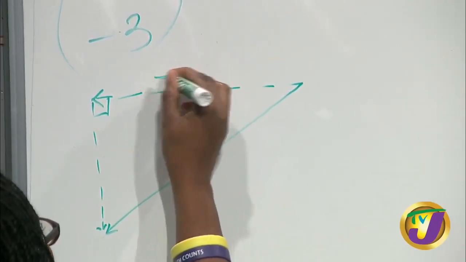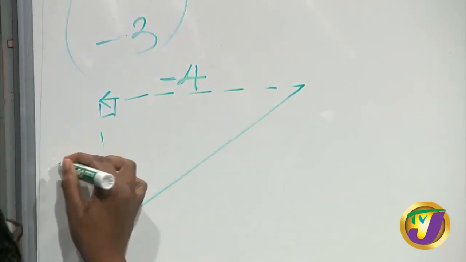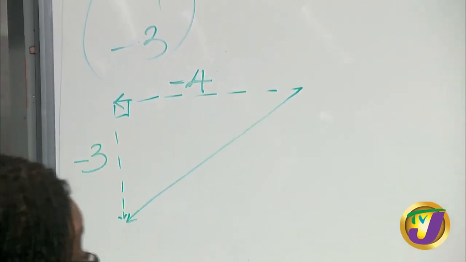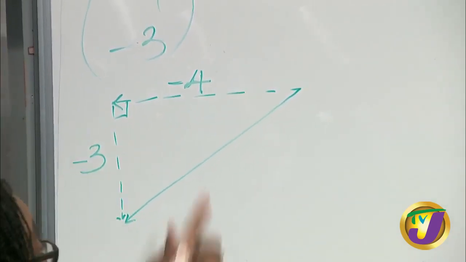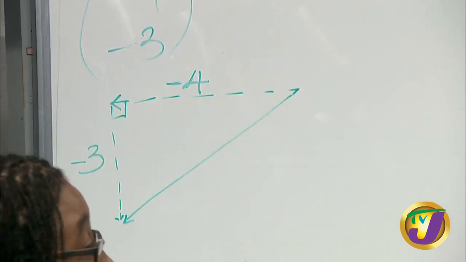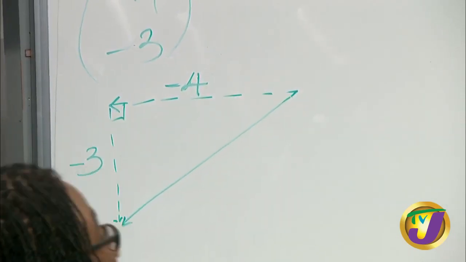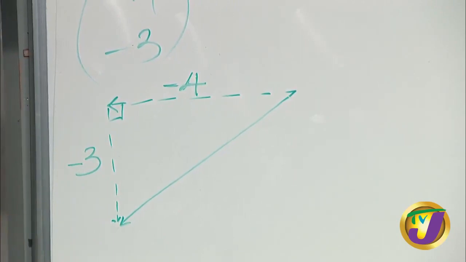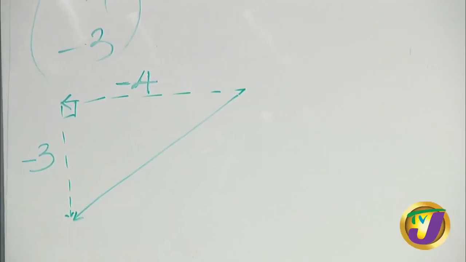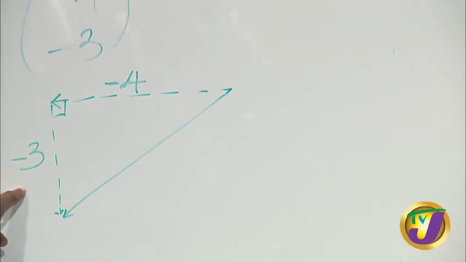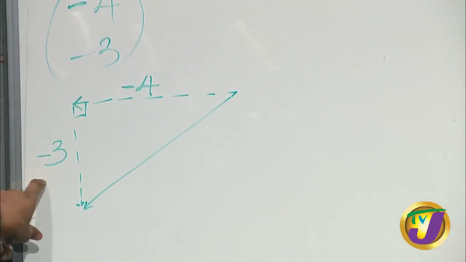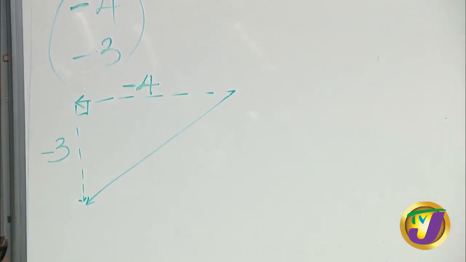I want to point out that this negative 4 and this negative 3 are not distances, because distance cannot be negative. The negative 4 represents the movement we made, a leftward movement. The 3 was a downward movement, so we're representing it with a negative 3.